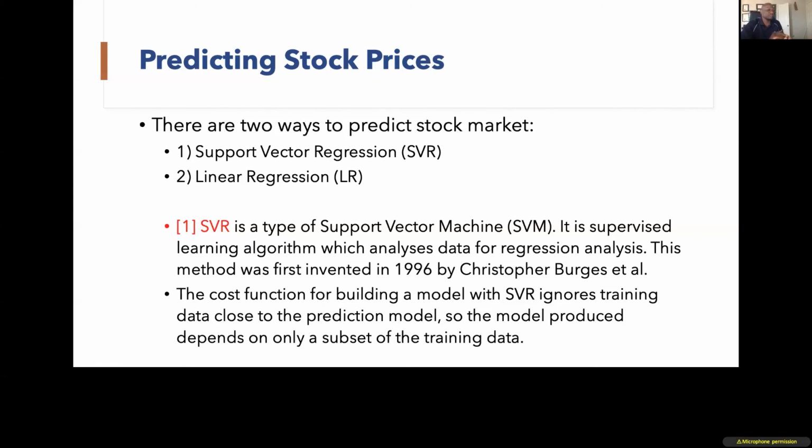The term was first coined by Christopher Burges, I believe in 1996. The cost function for building a model for SVR ignores training data close to the prediction model, so the model produced depends only on a subset of the training data.